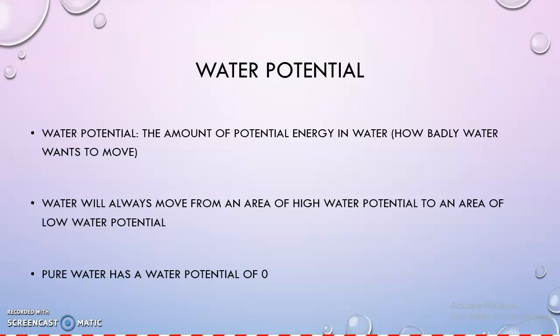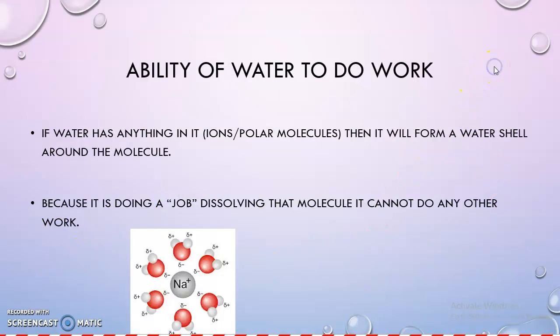That is why I had you really chant and remember that water moves from high water concentrations to low water concentrations. It was so that this concept made more sense. Pure water has a water potential of 0, and we will see why when we get to the math section a little bit later on. That's just a good fact to remember.